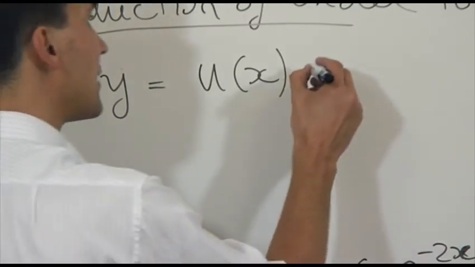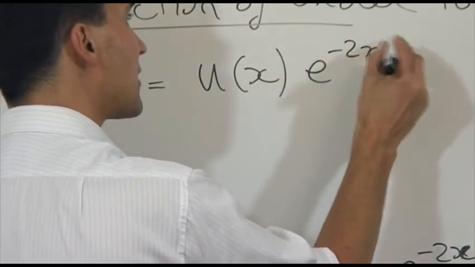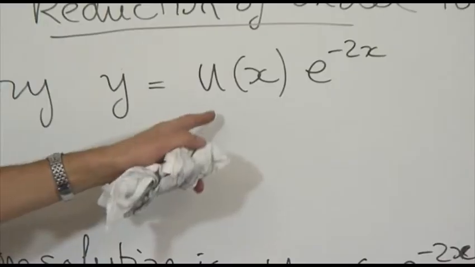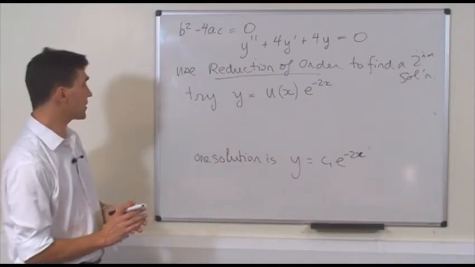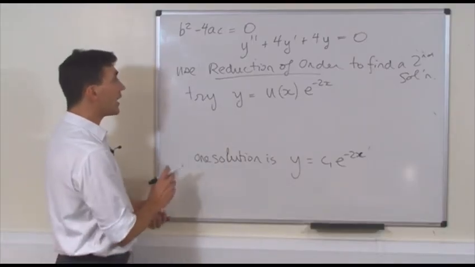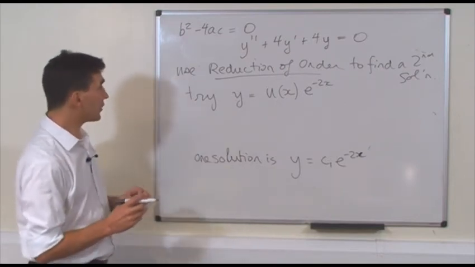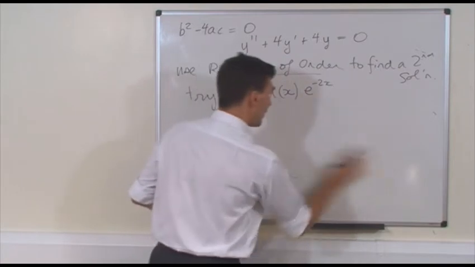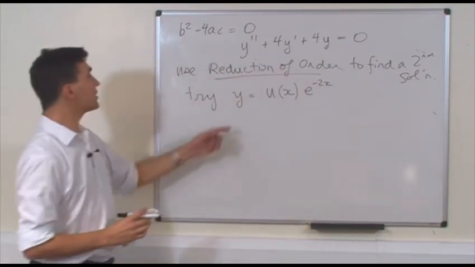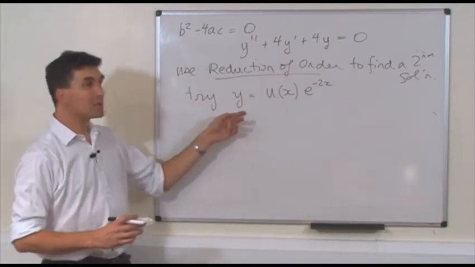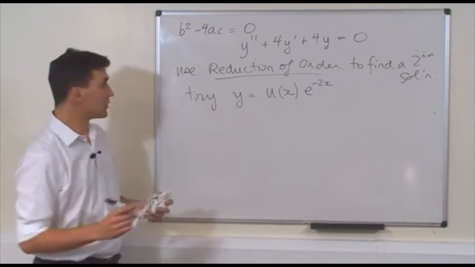Sorry, y is equal to u of x times e to the minus 2x. All right, and the idea is somehow this is going to help us solve the problem. So let's pop that into the differential equation and see if it tells us something about u.